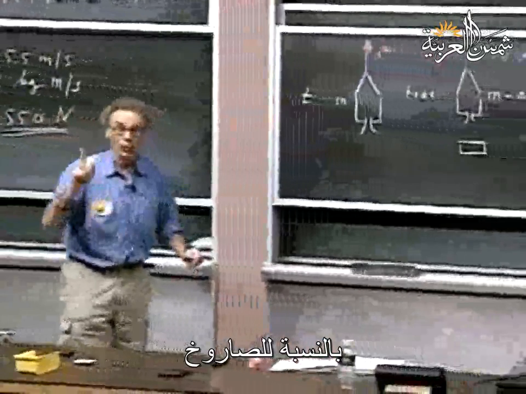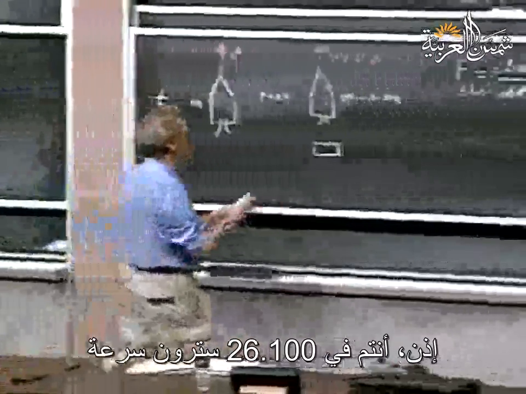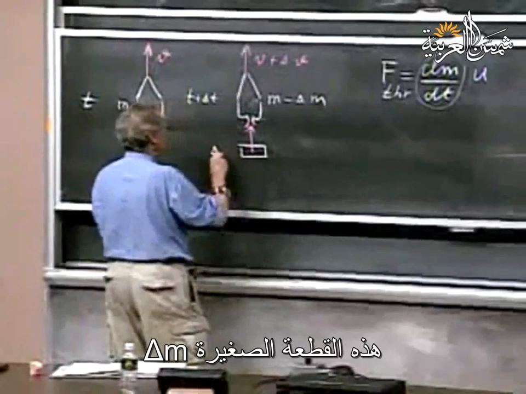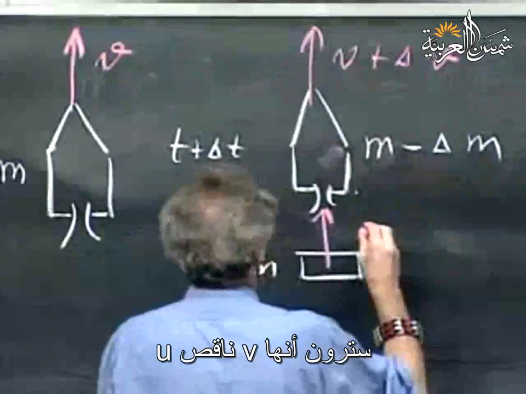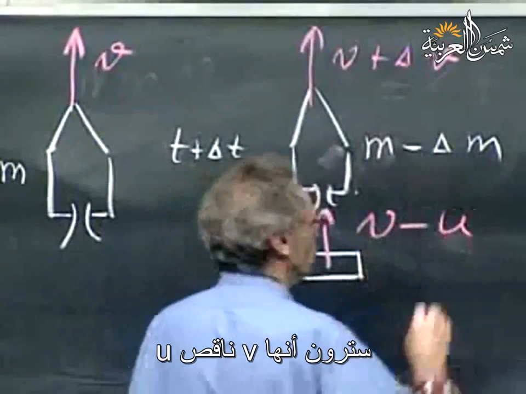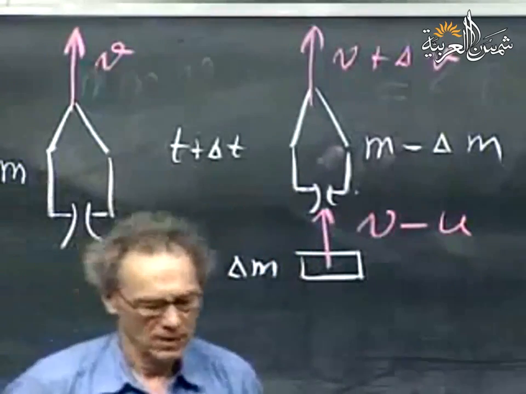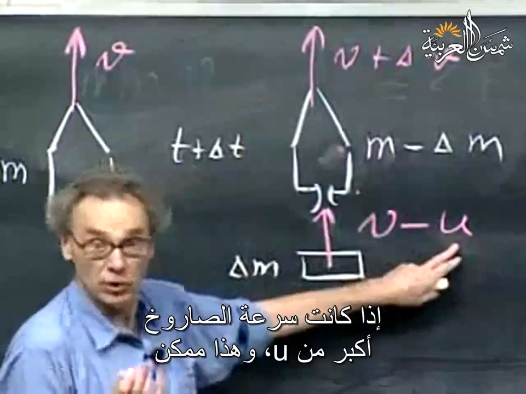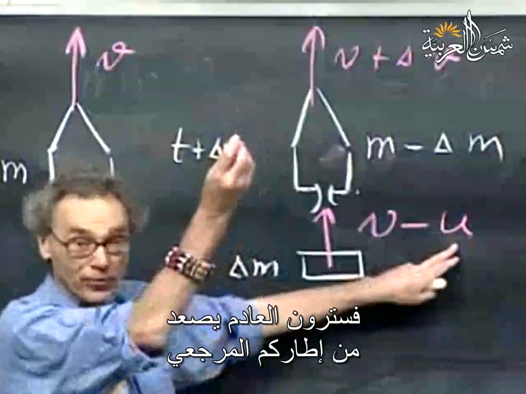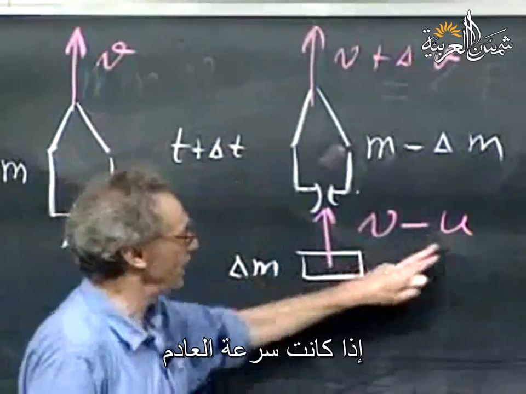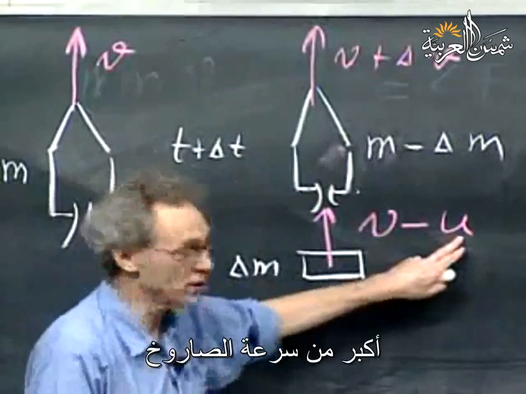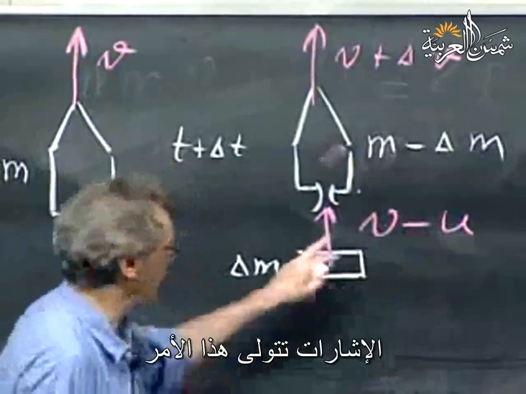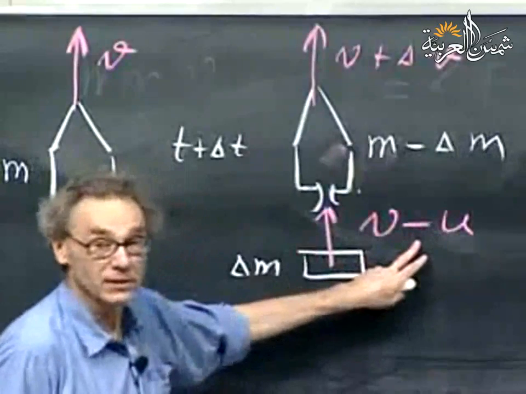So you in 26.100 will see the velocity of this little piece delta m to be v minus u. If the velocity of the rocket is larger than u, you will see the exhaust going up from your frame of reference. If the velocity of the exhaust is larger than the velocity of the rocket, from your frame of reference you will see it go down. That's taken care of in the signs.